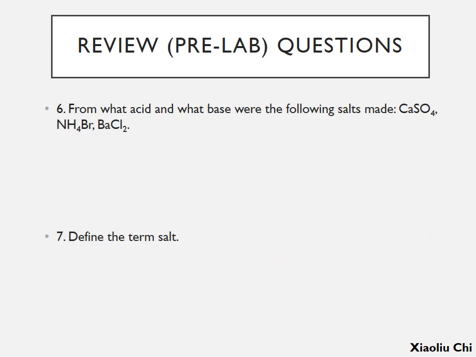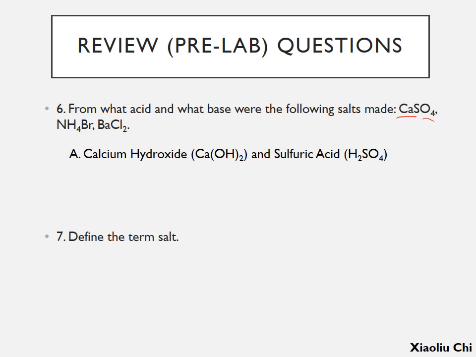Question number 6. From what acid and what base were the following salts made? First one, calcium sulfate. The cation calcium comes from base calcium hydroxide, and the sulfate comes from acid. So one is calcium hydroxide, another is sulfuric acid. Next one, again, the cation comes from base.